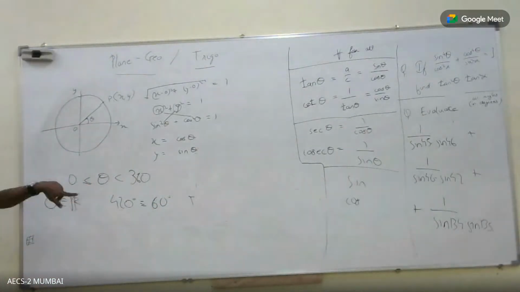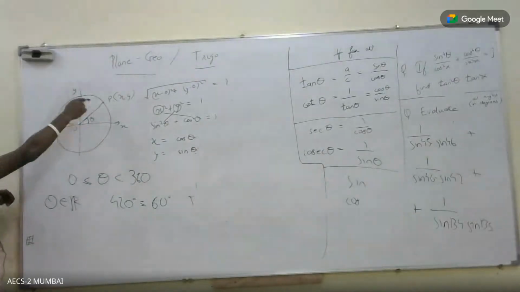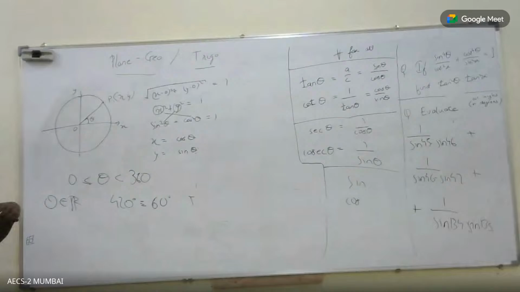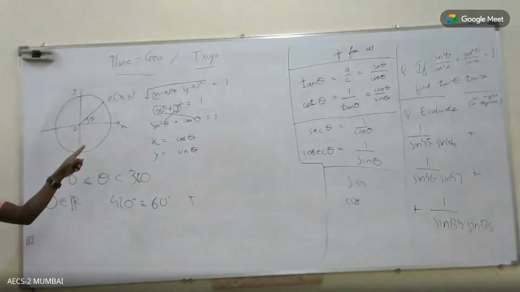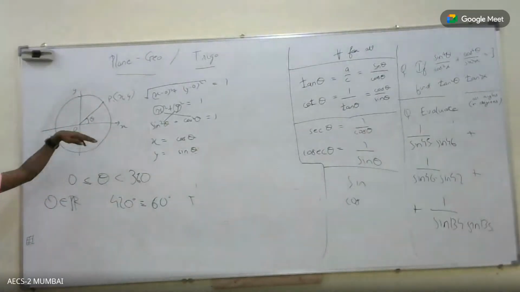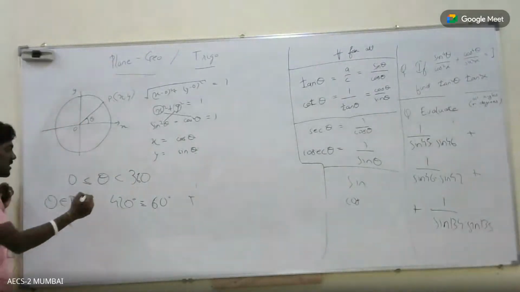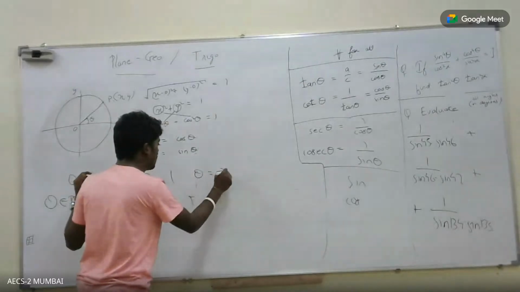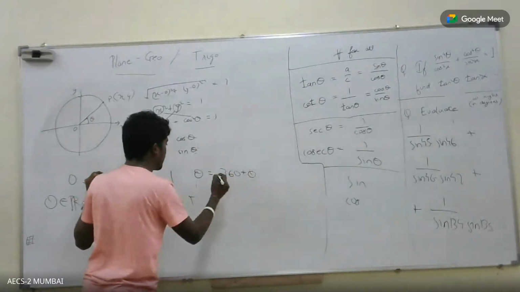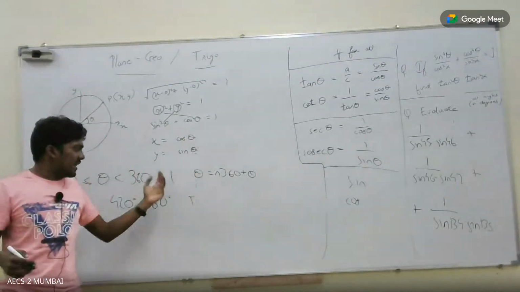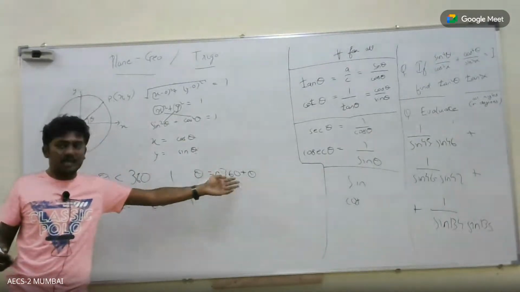Because when I say 420 degrees, after every complete revolution you arrive at the same point, right? So when we revolve around the circle once to arrive at the starting point, every angle after that will be a repetition of the angle we've already taken. So this implies that theta is equal to 360 plus theta for any theta. Similarly, we can take n number of rotations. It won't matter. Any angle is basically equal to 360n plus theta.